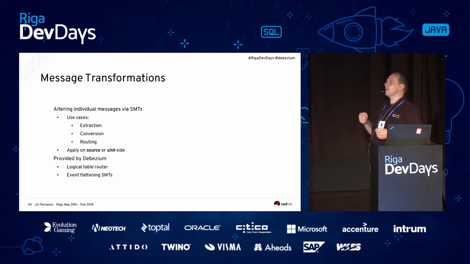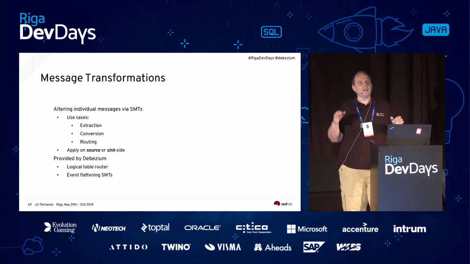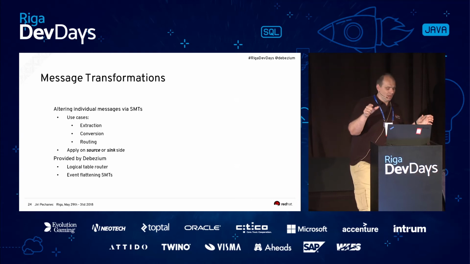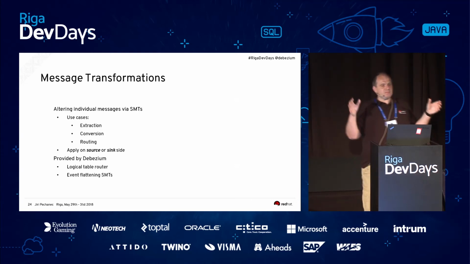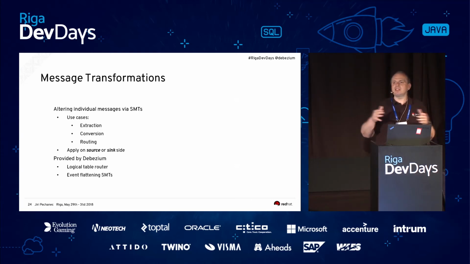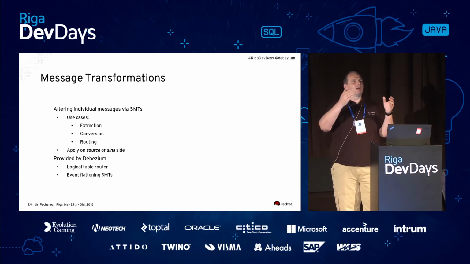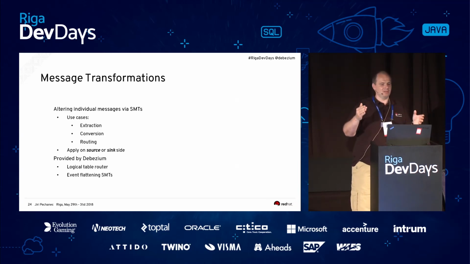The first one is logical table router, which is useful in case you have sharded table. If you have a data set that is too huge to be stored in a single table, you frequently shard the data set to multiple tables.